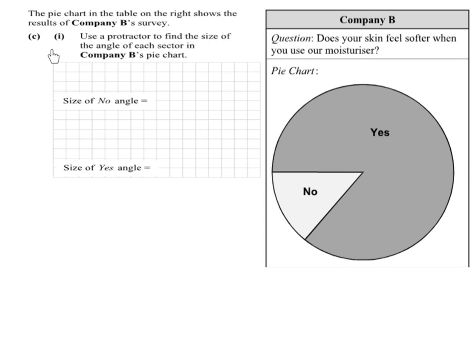Part C, Part I. Use a protractor to find the size of the angle of each sector in Company B's pie chart. So we're going to write the size of the no angle and the size of the yes angle.